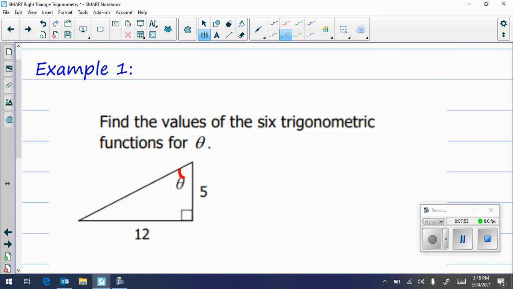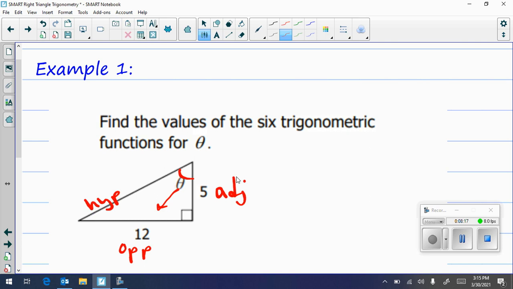So notice theta is right here. Go ahead and draw your triangle in, and I'm going to label my sides. This one's my hypotenuse. This one is my opposite, and that leaves this one for my adjacent. Remember, the adjacent one shares a vertex and is a leg, not the hypotenuse.